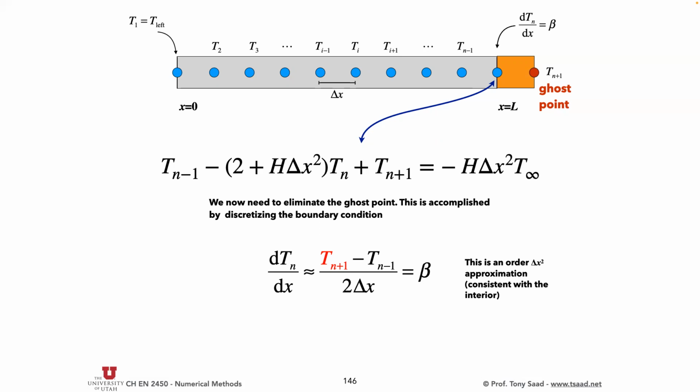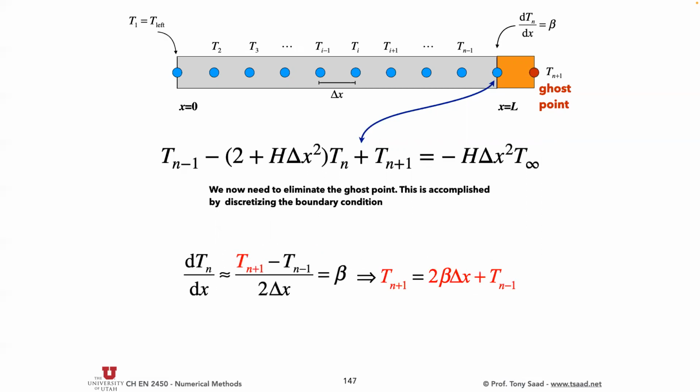So now you can express the unknown point, the ghost point, Tn plus 1, in terms of known quantities or quantities that we are solving for. So you eliminate that point altogether, right? You see how powerful that is? So that ghost point was only a mathematical trickery to allow us to carry out the algebra, and then we're not going to need it anymore. At all, we're not going to need it.